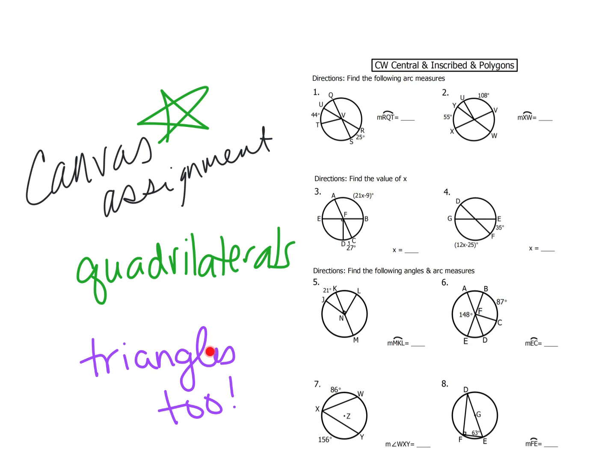Please understand you will see triangles also, and that is not a gotcha. I'm just trying to show you that you do already know enough information to find the answers with the triangles because there are no special properties. The only special property that we covered in this lesson is that opposite angles are supplementary for the quadrilaterals.